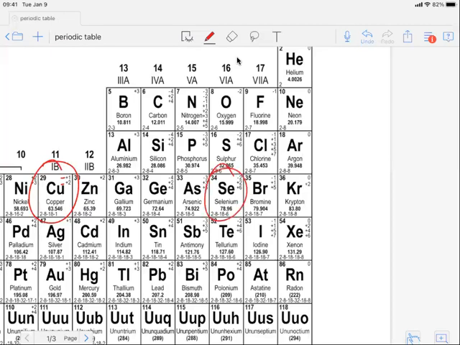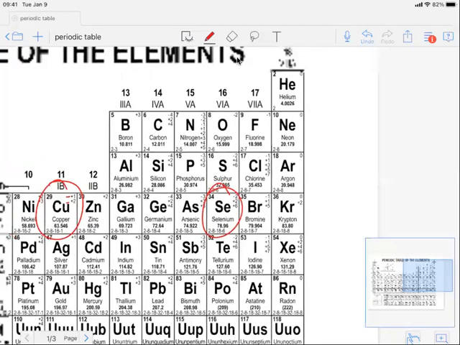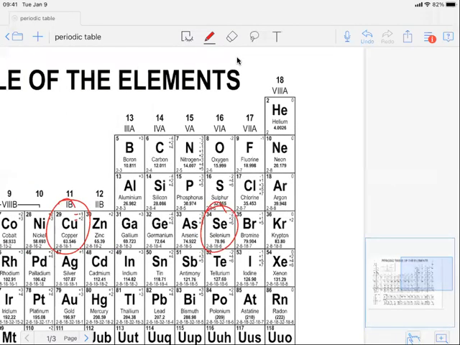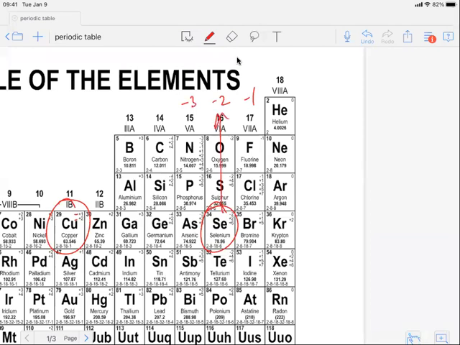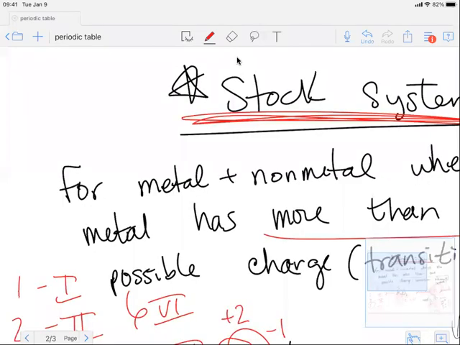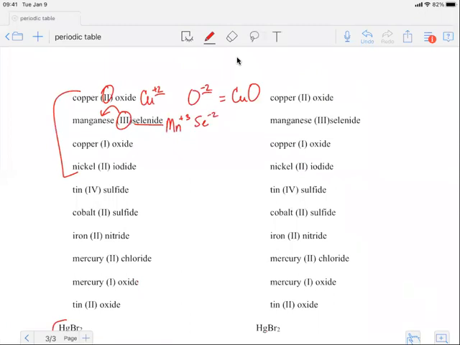Group 16 is -2. So we've got Se -2. Again, the super long mathy way, the lowest number that is divisible by both 2 and 3 is 6, which means for Mn you need 2 of them, and for Se you need 3. Or just swap.